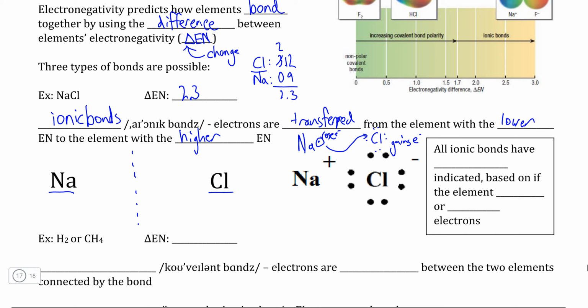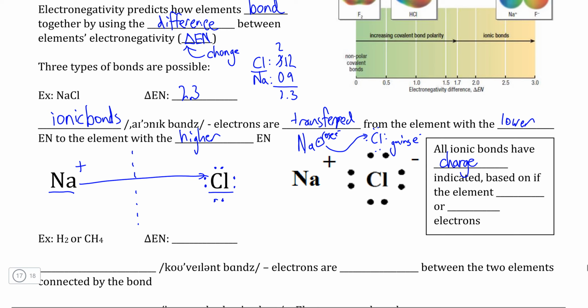So, if this dotted line here represents the exact midpoint between the sodium atom and the chlorine atom, the electrons that make up the ionic bond would both belong to chlorine because sodium has freely given its electron over. Now, because sodium has fully lost an electron, we can label sodium as having a positive charge.